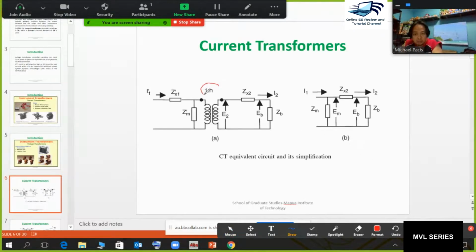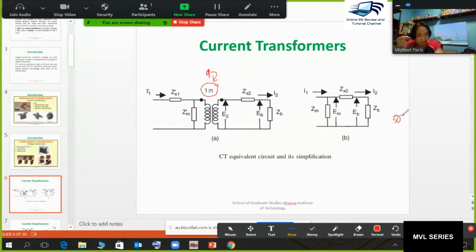It is always 1 over n, the transformation. The transformation ratio A of your current transformer is 1 by n, because your main goal always is if you have a higher current, it must be lowered to a certain value. That's why it's called a transducer.